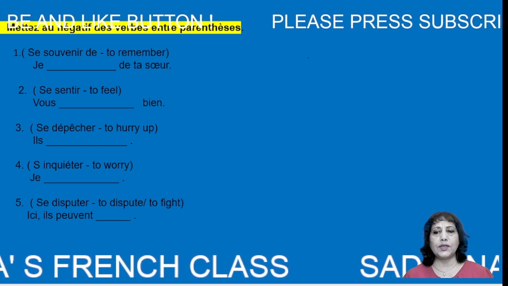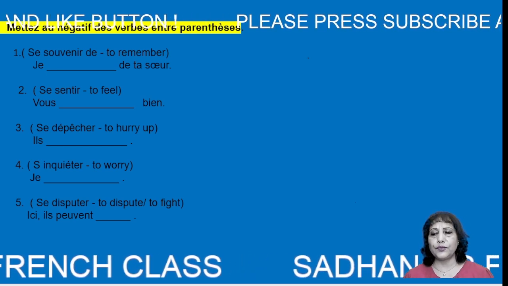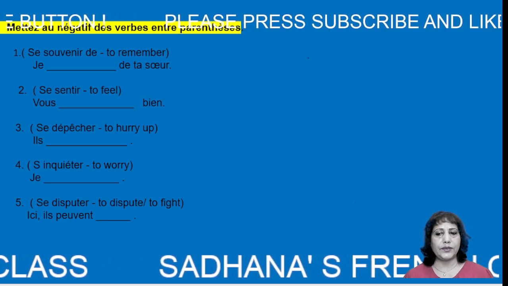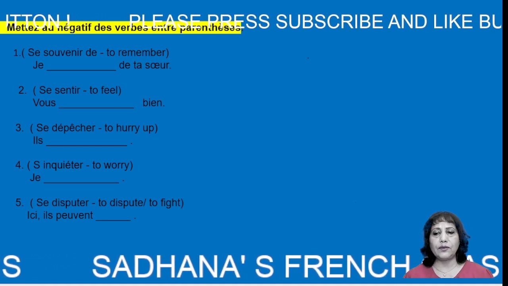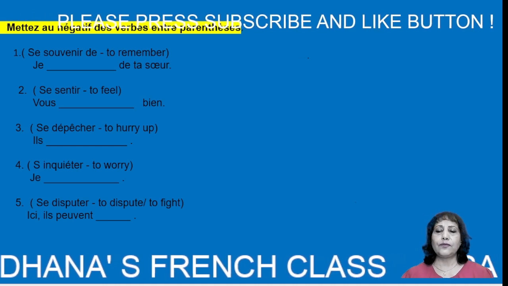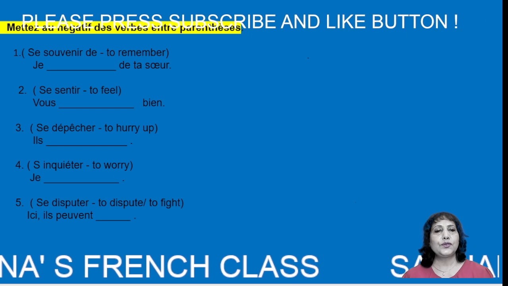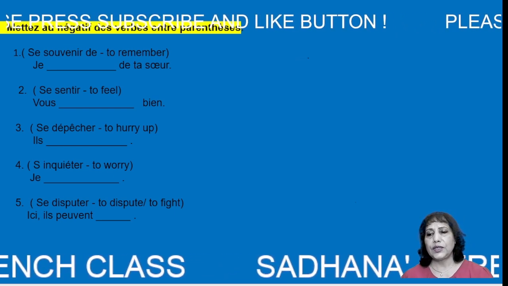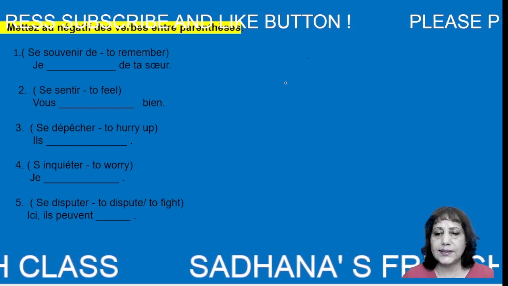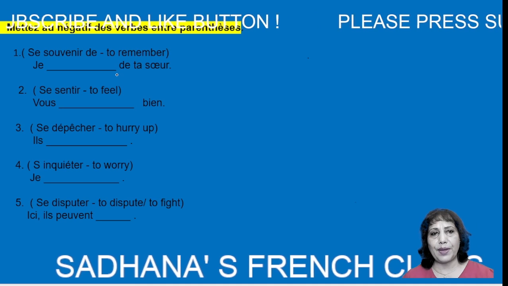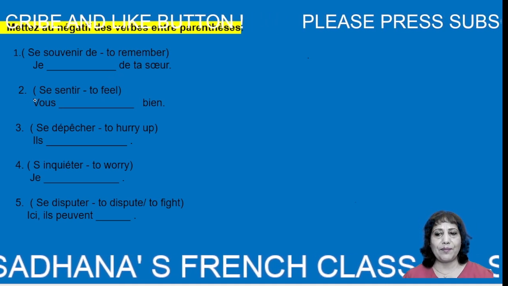So now we do the negative, and I have told you the rule. So you should remember that. Take out your notebook, kindly note down. We will do all these exercises together. I have given you 5 sentences here. The verbs are in brackets, so we will just put them into the negative. So the first sentence is se souvenir de, to remember, to remember.